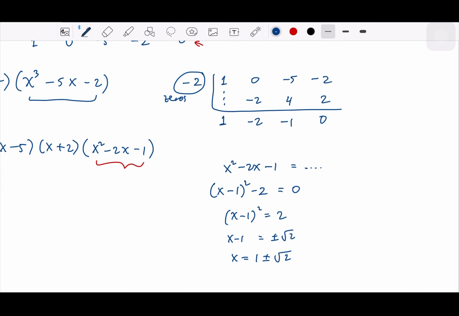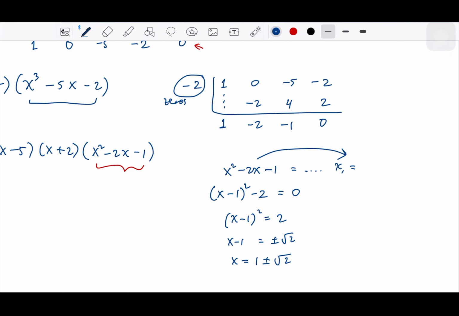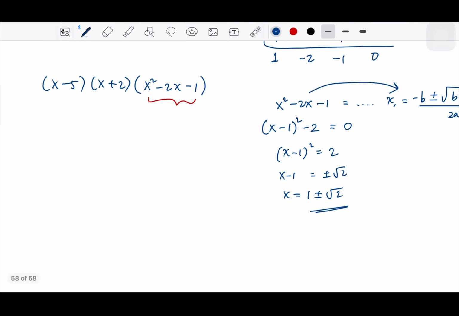Or if you would like, you can always go to your favorite, probably the ABC formula. We can also use this, and we will get the same result. So zeros: x equal 5, x equal negative 2, x equal 1 plus square root of 2, and x equal 1 minus square root of 2. So we have 4 zeros.